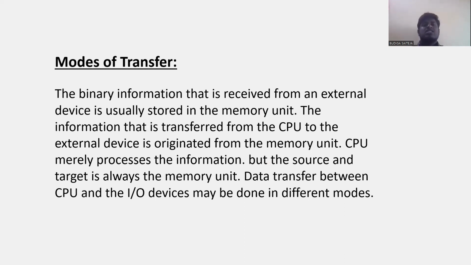The information that is transferred from the CPU to an external device originates from the memory unit. The CPU processes the information, but the source and target is always the memory unit. Data transfer between the CPU and the I/O devices may be done in different modes.